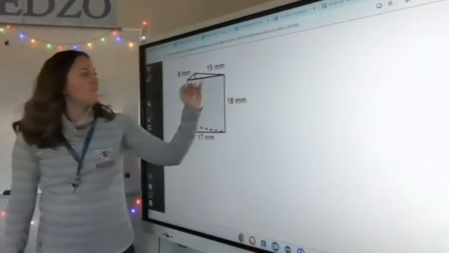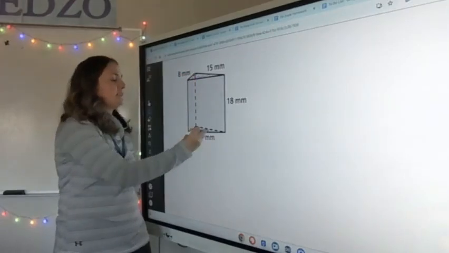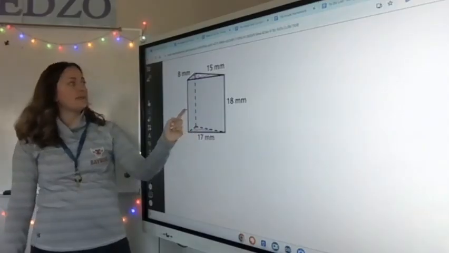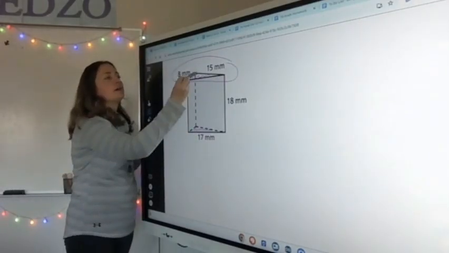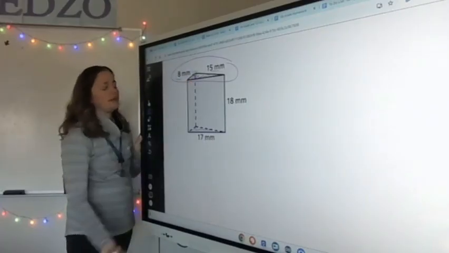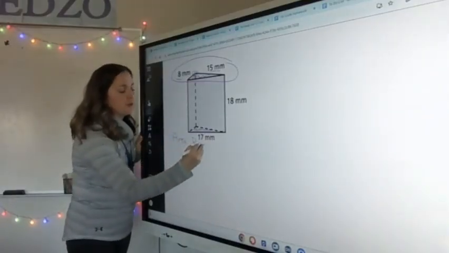We are going to go through and find the surface area first of the 2 triangle bases. Now, because this is a prism, the top and the bottom are going to be exactly the same. When I'm looking at a triangle, what I need to look for is my right angle. That tells me what my base and my height are for my triangle. So the area of the bases is what I'll do first.